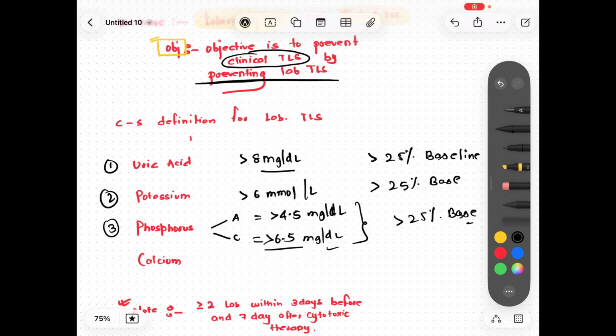Any of these can be counted. Now coming to the fourth one, which is hypocalcemia. There is a decrease in calcium level to less than 7 milligram per dL, or more than 25% decrease from baseline value of the calcium. So this is the lab TLS criteria.